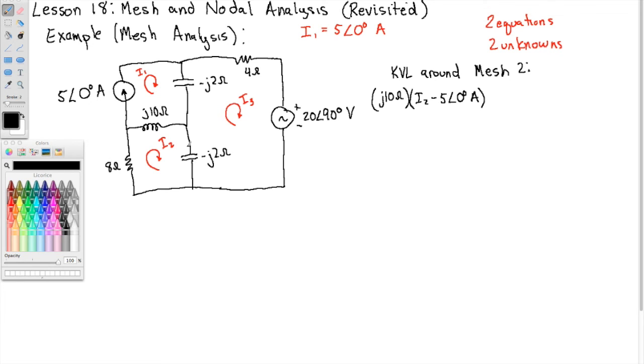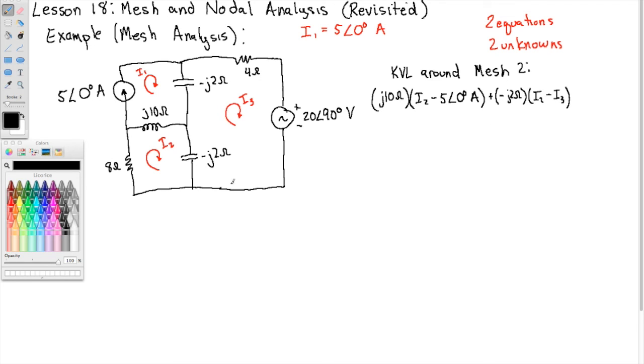Now we have to go across this capacitor whose impedance is minus j2 ohms. So the voltage drop, I'm going to add, we've got minus j2 ohms times, the voltage drop is I2 goes with us, and I3 opposes us. So here's the voltage drop across that capacitor, from top to bottom.